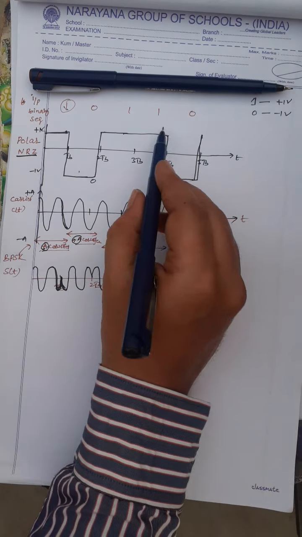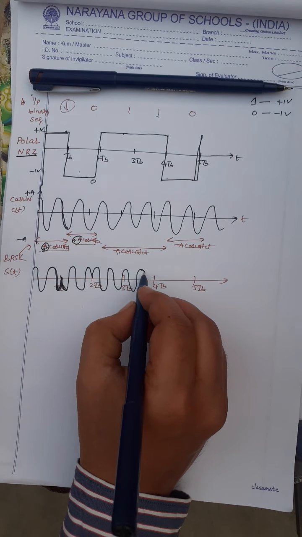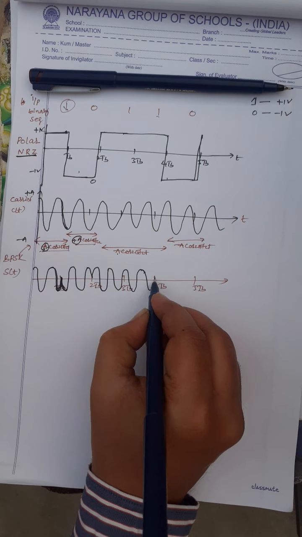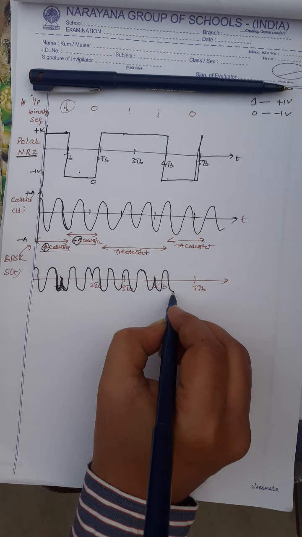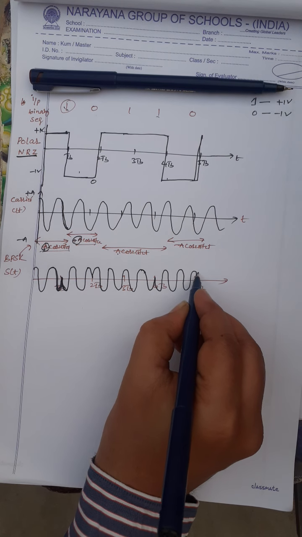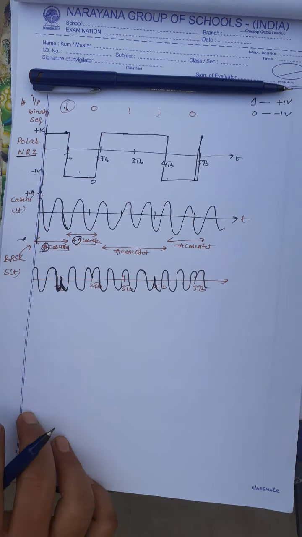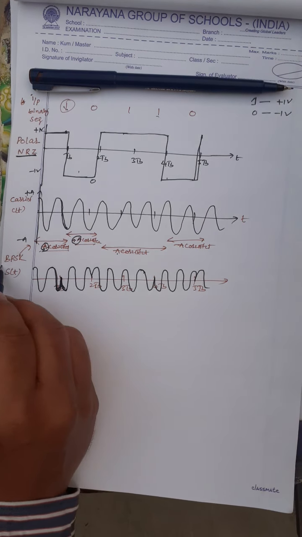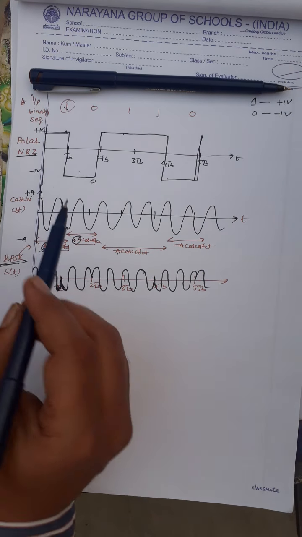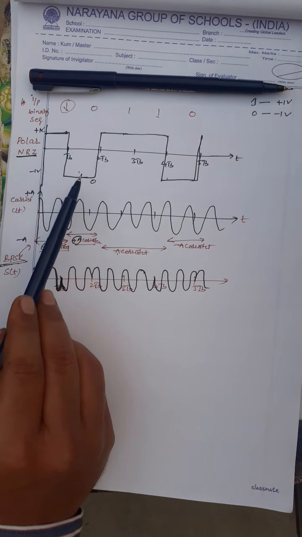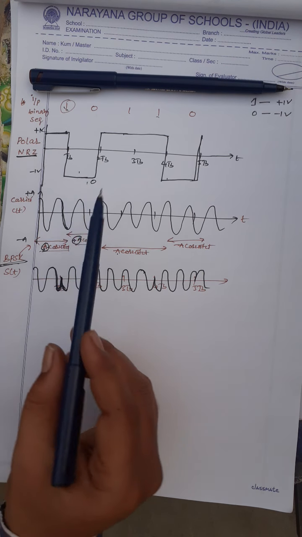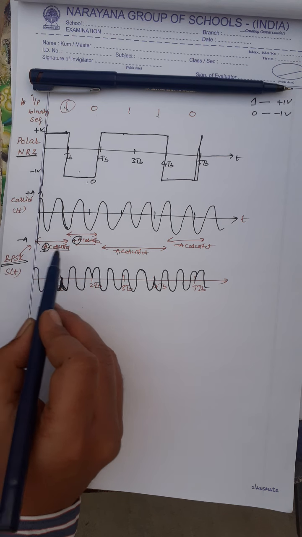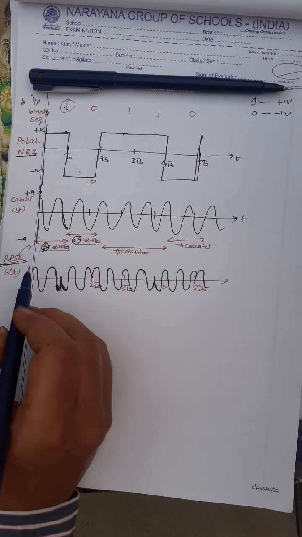Now again here 1 to 0 transition, so you will get negative. Again, okay, please see here, while you are drawing this BPSK signal, whenever a 1 to 0 transition occurs, the sign changes from A to minus A, yes or no?